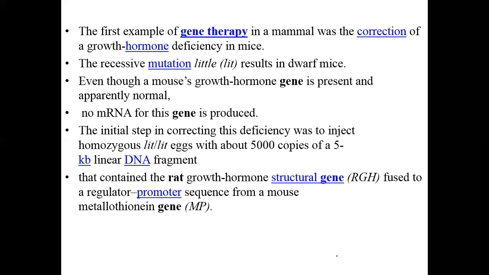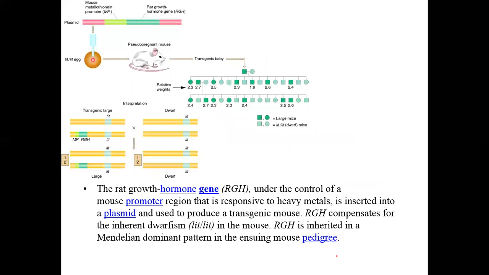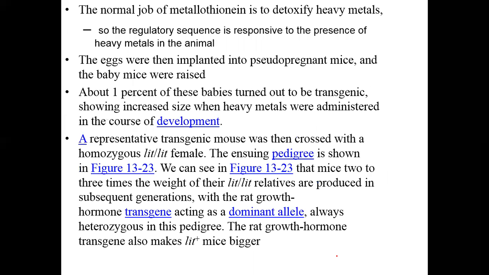So we combine the rat gene and the regulator promoter of the mouse metallothionein gene. The normal job of metallothionein is to detoxify heavy metals, but here we are not using its function. We are just using its promoter.